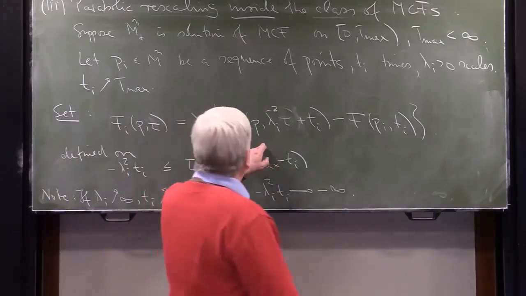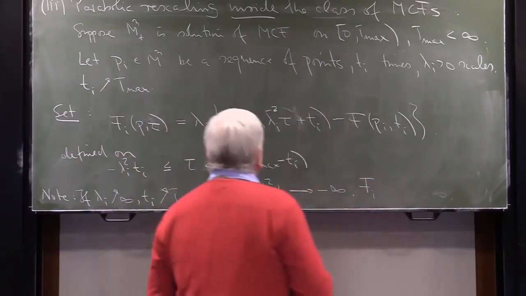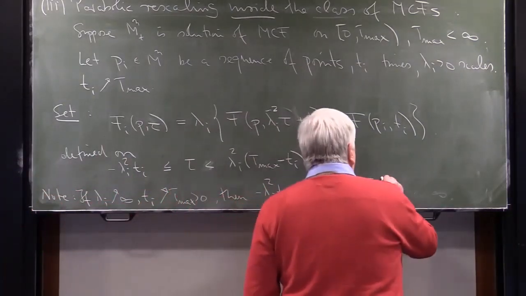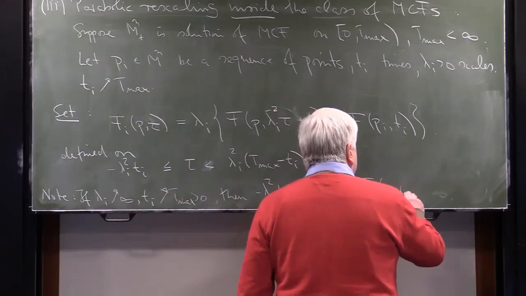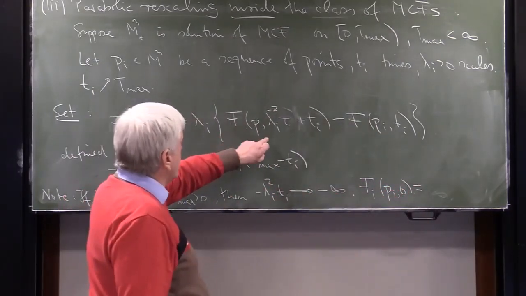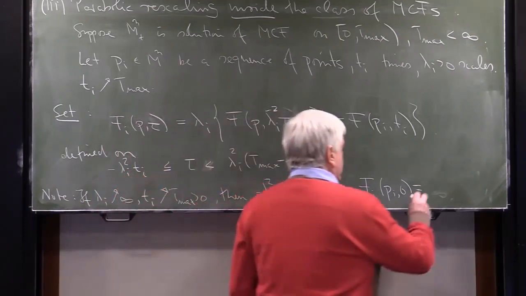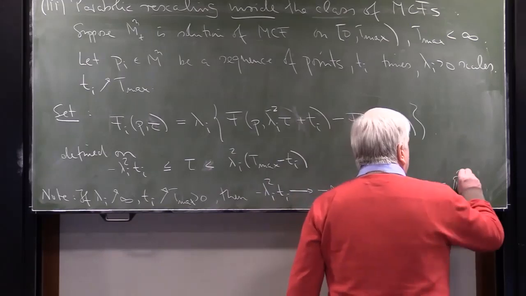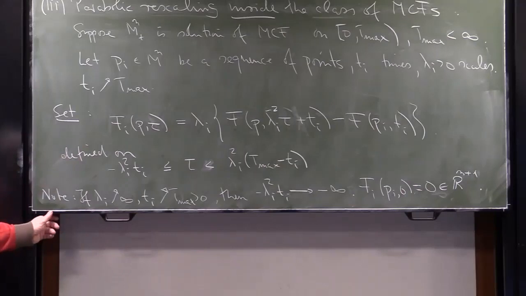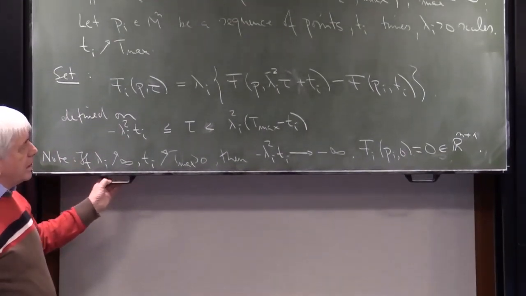And this shift in space and time means that F_i at (p_i, 0) is equal to, if I put in 0 here, this cancels out, so this is 0. So I've shifted these points to 0. So this is a general way of rescaling.